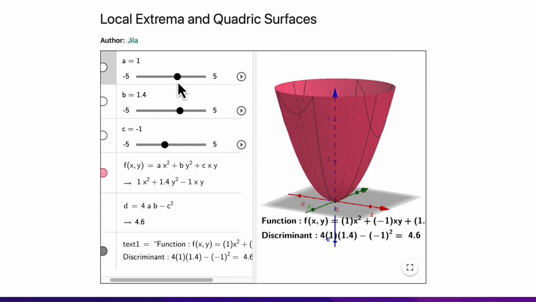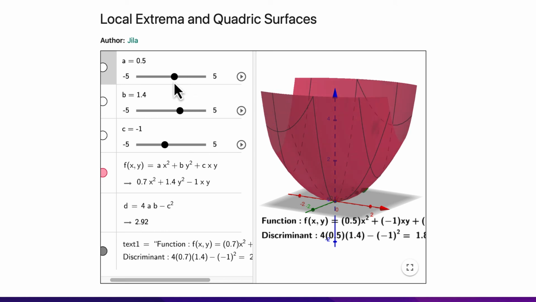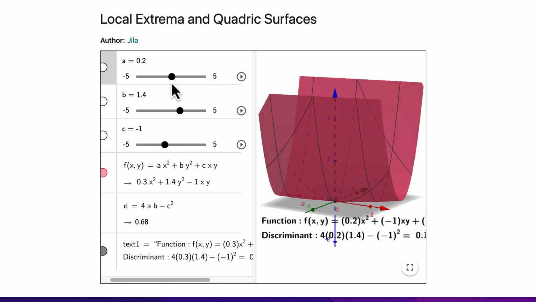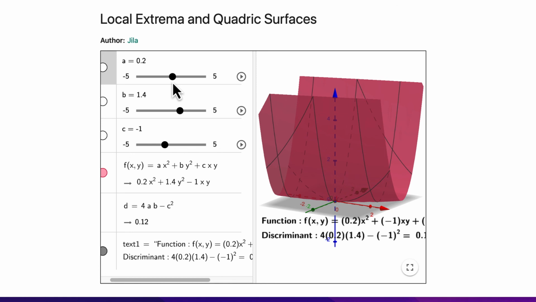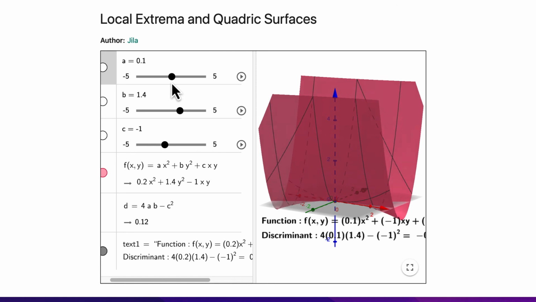When you decrease a, you can see the paraboloid gets wider and wider, and as we get closer and closer to 0, it becomes that cylinder that we were kind of hoping for.